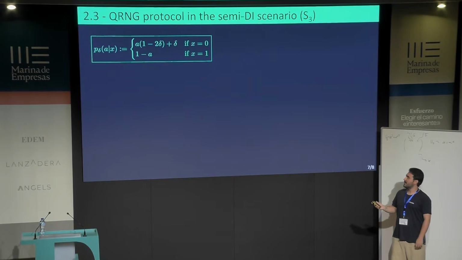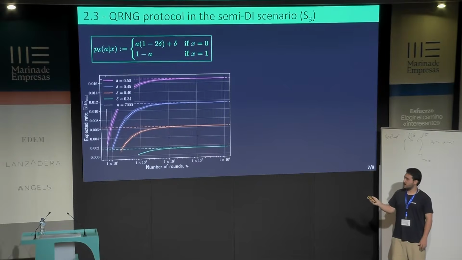Okay, now the last result slide is some numerical results in which we simulate a QRNG protocol, in particular in the third scenario, the semi-device independent one. And here we model experimentally relevant behavior, which is the input-output probability distribution that we will have with a, let's say, perfect device, in terms of some parameter delta.